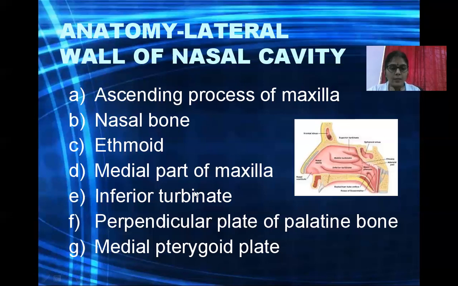All the bones except the inferior turbinate. Keep this in mind: in the lateral wall, the inferior turbinate is a separate bone, whereas the superior and middle turbinates are part of the ethmoid bone.